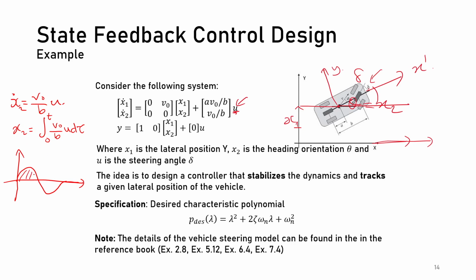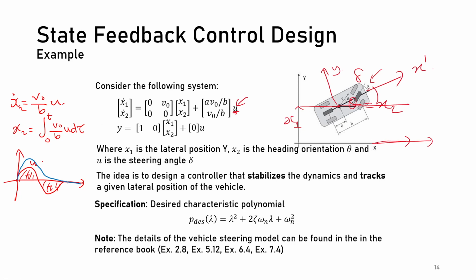This area is plus, and this one is minus. If you integrate U, you add up all the area. When the area is 0, H2 looks something like this. First it goes to the positive part, and then it comes back to 0.